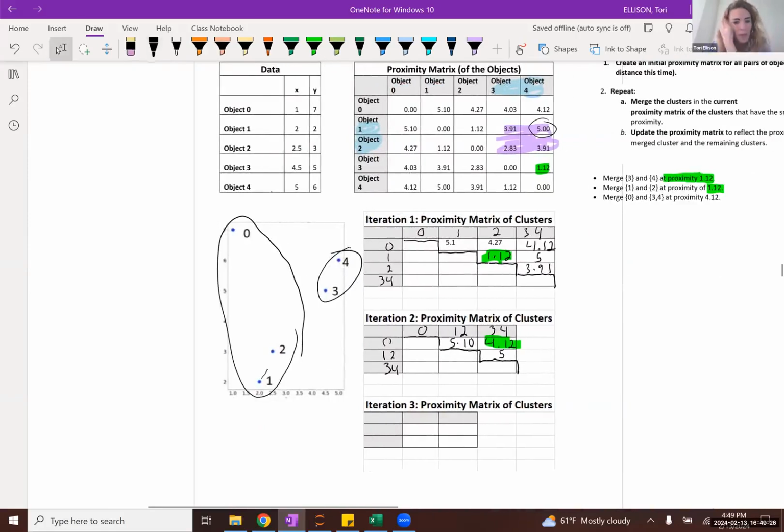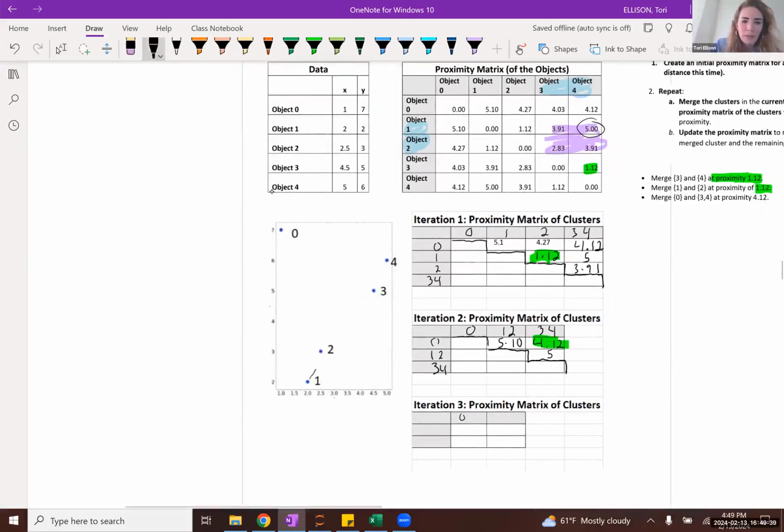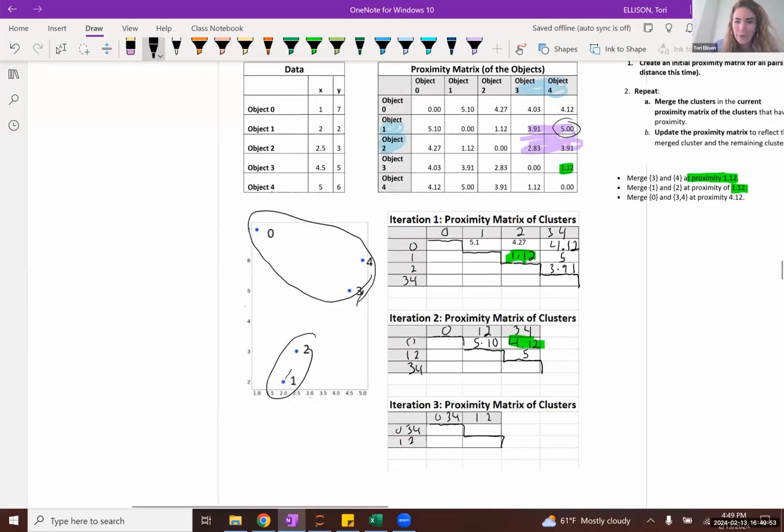Okay. And so we need to update our final proximity matrix. So we have 0, 3, 4, and 1, 2. Okay.